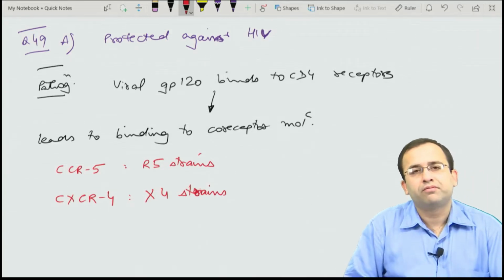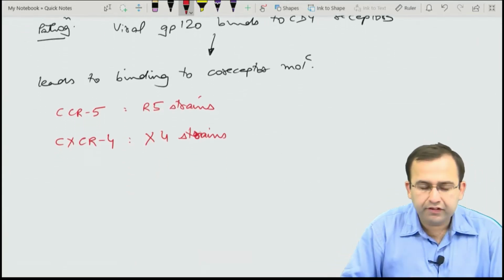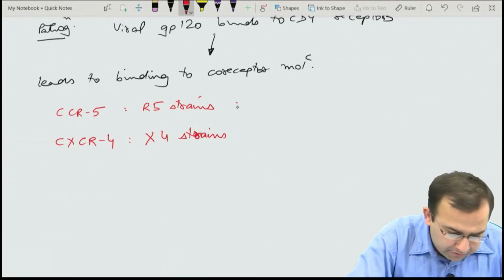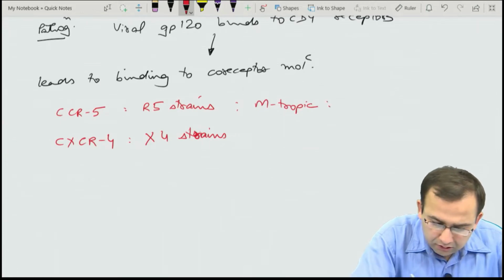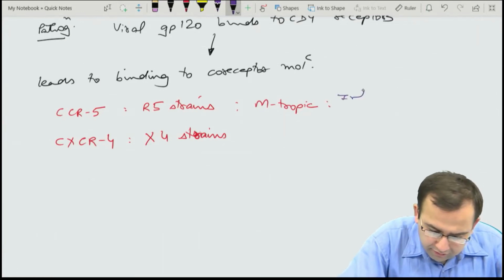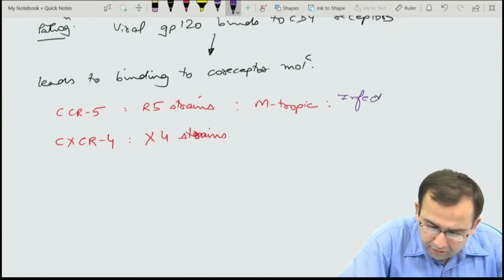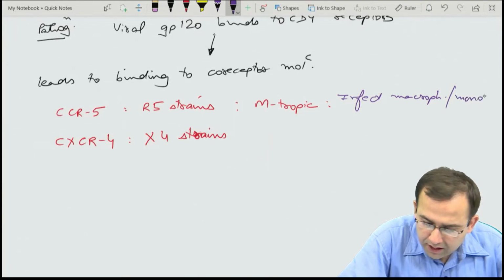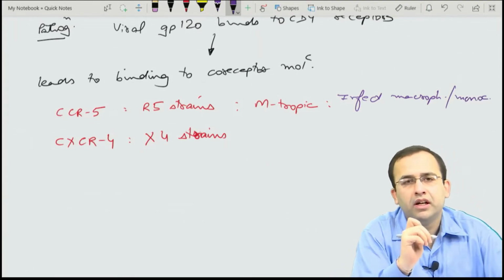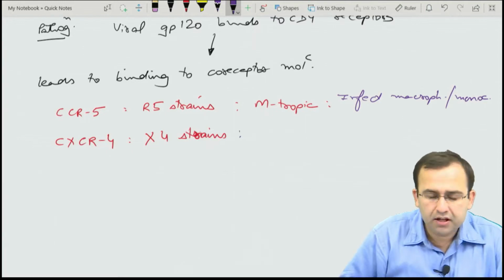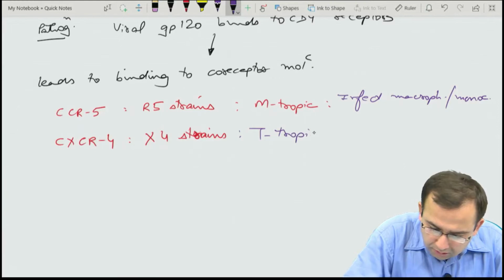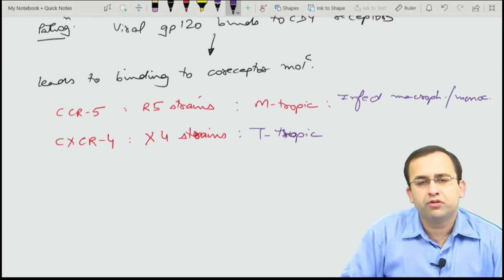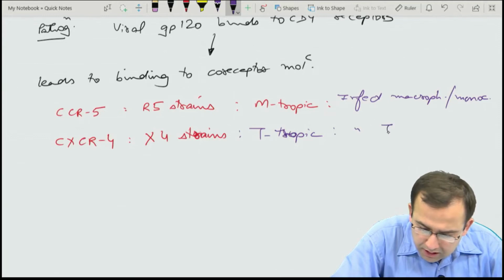The R5 strains are M-tropic, that is, they predominantly infect macrophages and monocytes, versus the X4 strains, which are T-tropic and predominantly infect T cells.